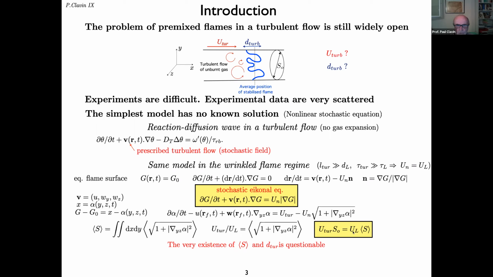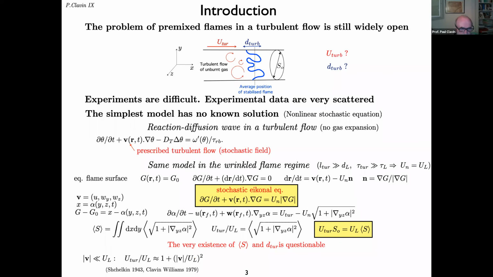This is a general result which is exact, but when you do not know the average flame surface, you don't know anything. But this relation here is exact.